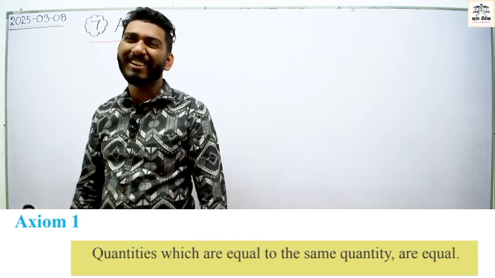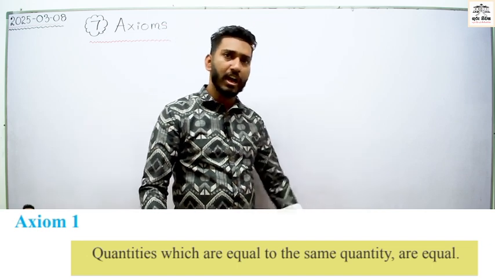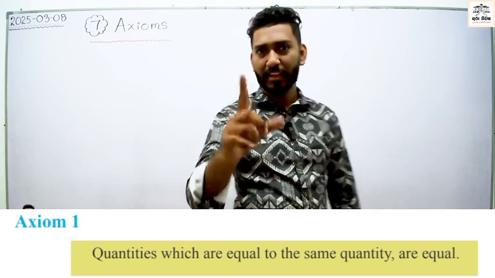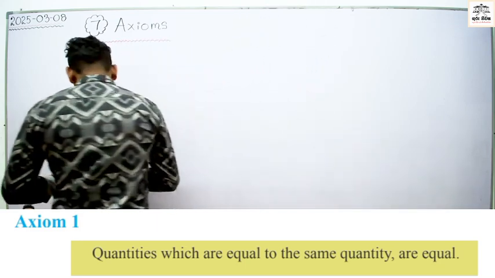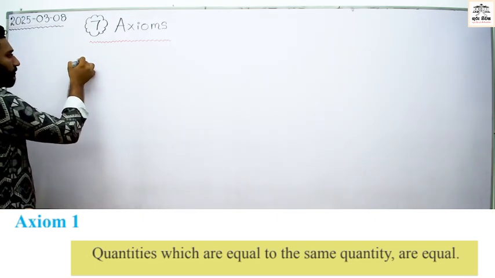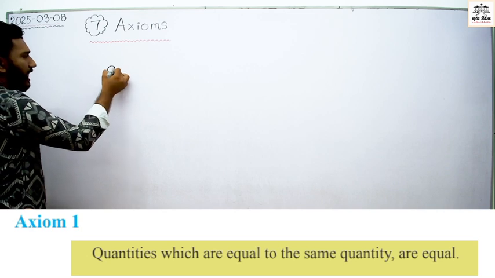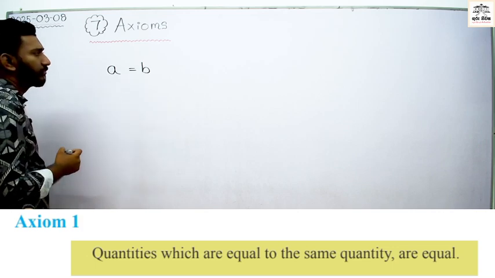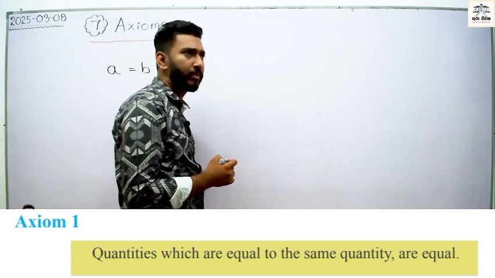We call it in the singular, all three are the same, right? Like this. Axiom number one. We write A equals B. Now what else?